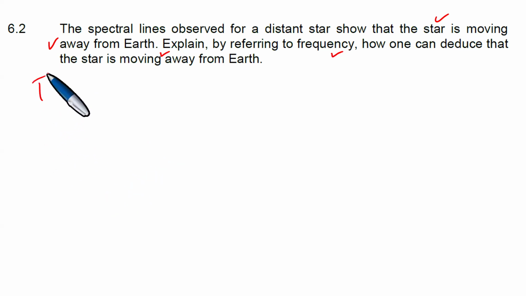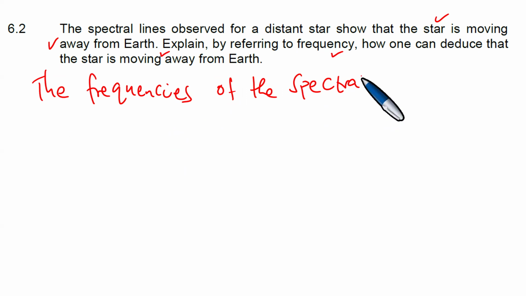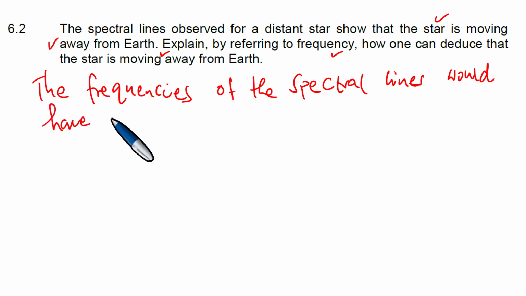So we note that the frequencies of the spectral lines would have decreased.